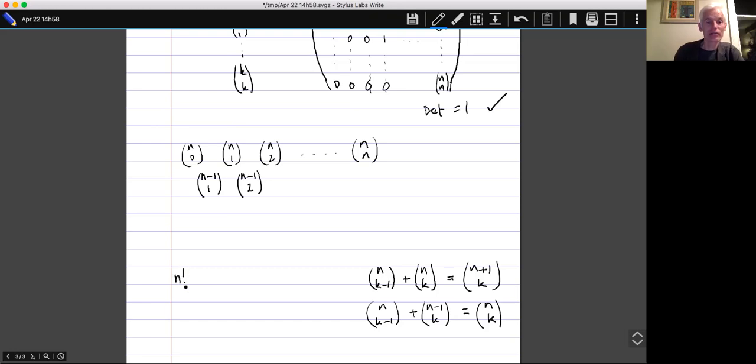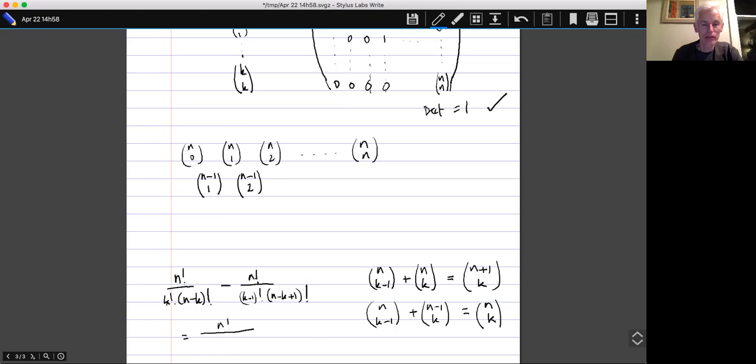So n factorial divided by, just to save time now, because I'm getting myself into a slight muddle, minus n factorial over k minus 1 factorial n minus k plus 1 factorial equals n factorial over k minus 1 factorial n minus k factorial. No, I don't want to do that.